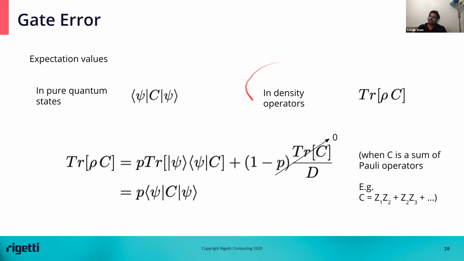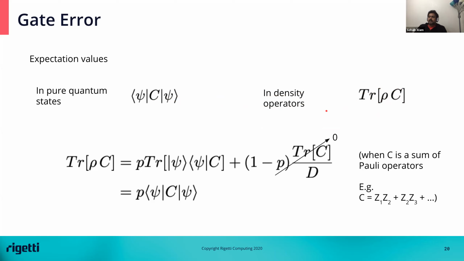And in the density operator language, the way you compute expectation values is you take the trace of the density operator times whatever observable operator whose expectation value you're interested in. So this is the thing that you're actually going to be computing if you have the state rho available to you. And rho could be a pure quantum state, in which case it just reduces to that. But if it's some statistical mixture of pure quantum states, then it's going to be more generally just that number.